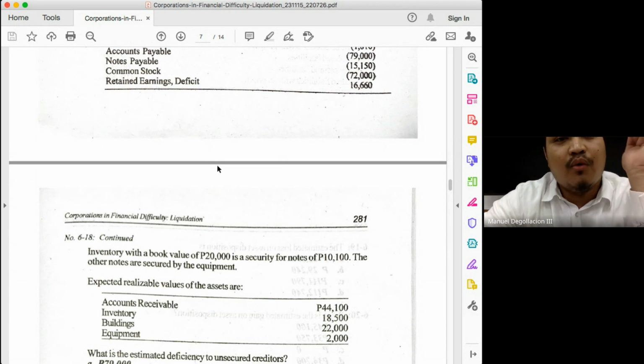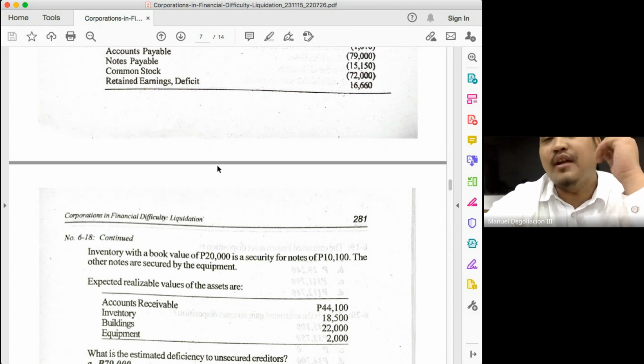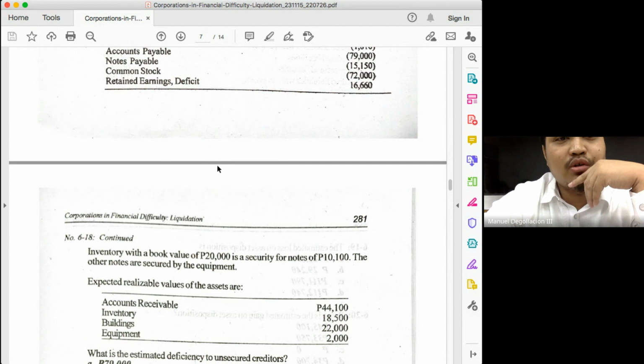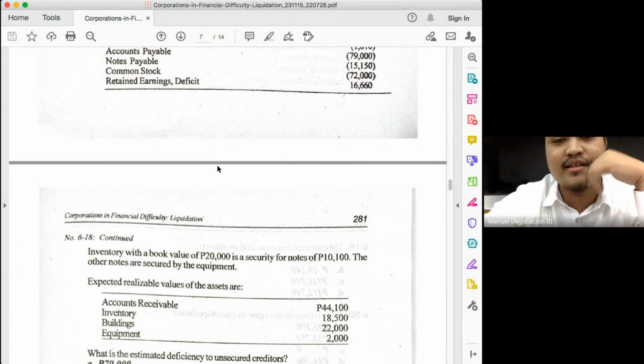Okay. Now, because I have to change what I said earlier, we will have to break down your notes payable, class. One part would be considered as fully secured, another would be considered as partially secured. Our total notes payable is 15,150. 10,100 of which is fully secured. How do we know it's fully secured? It is secured by our inventories, and the value of our inventory is 18,500.